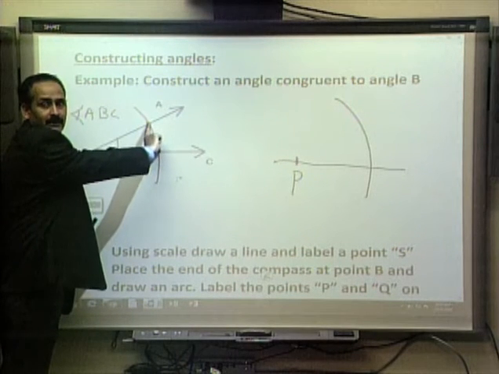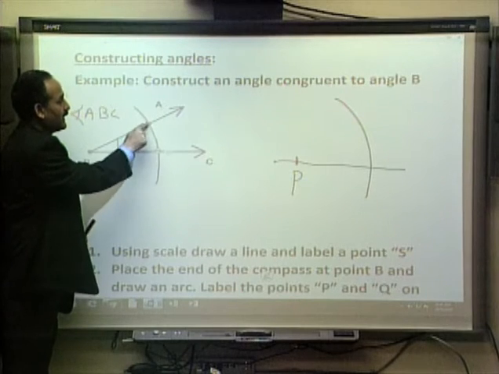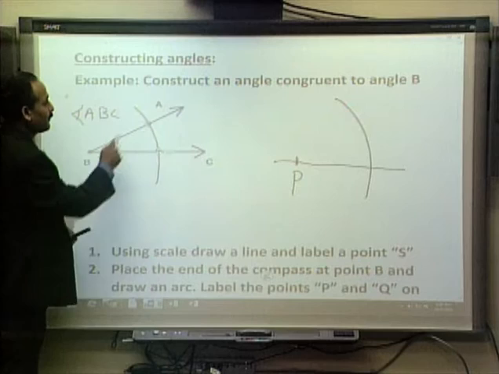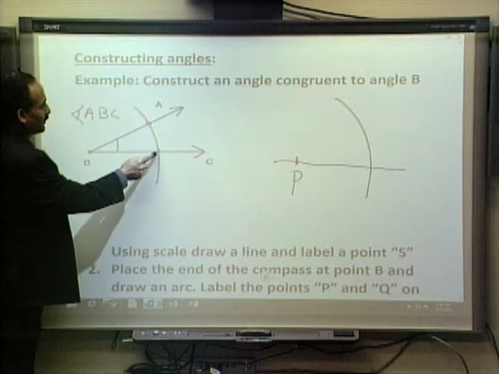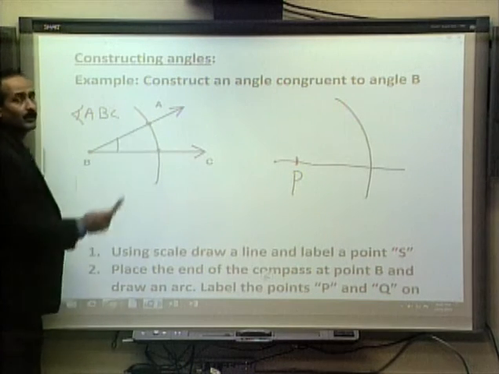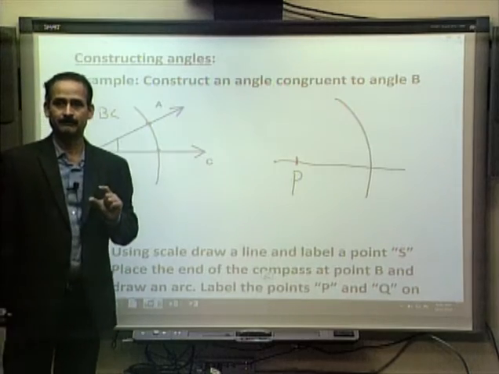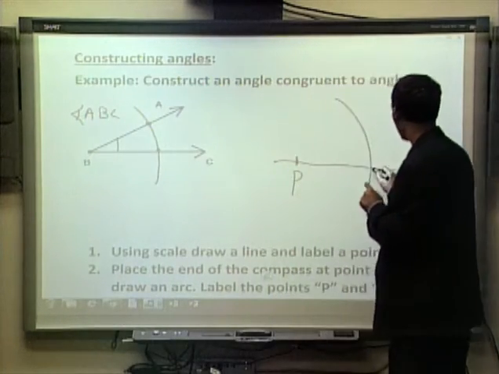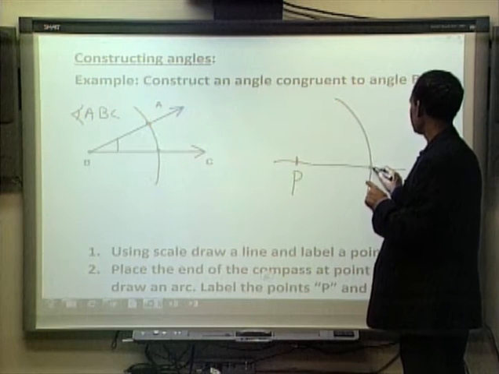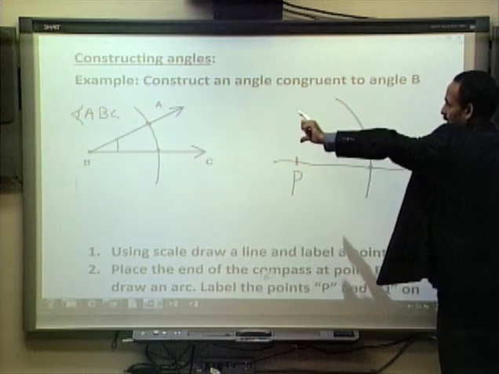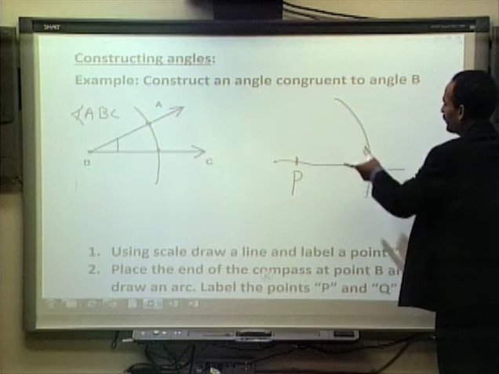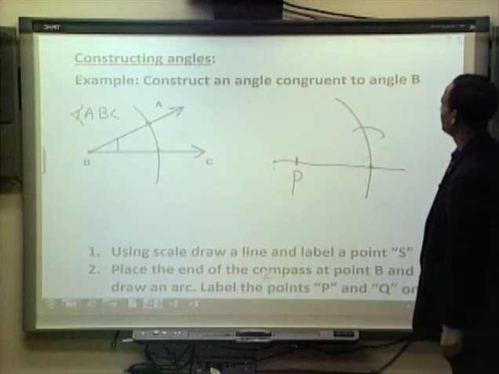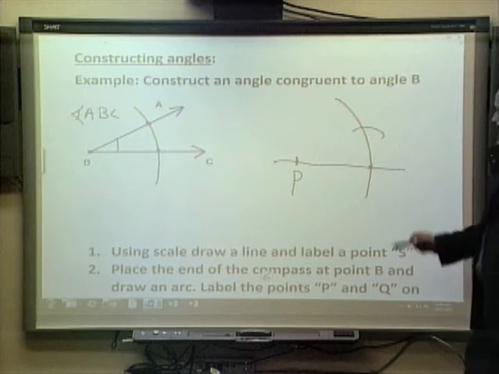We measure from this point to this point using the compass, and using the same opening, we put one end of the compass here and draw an arc crossing this previous arc like this.